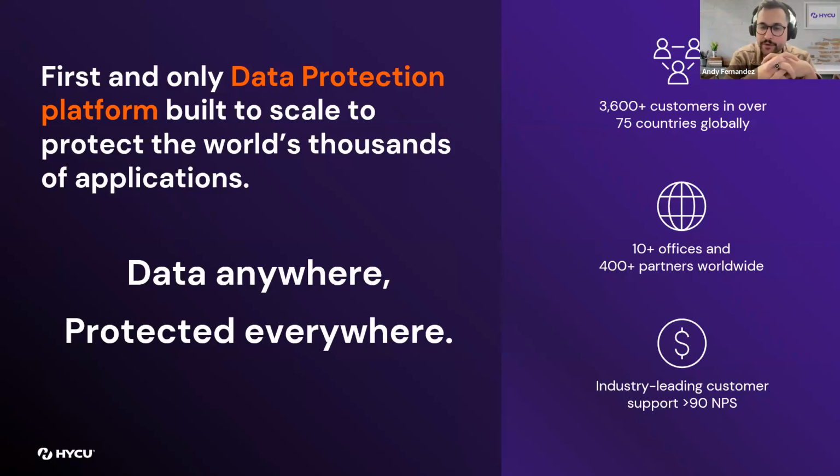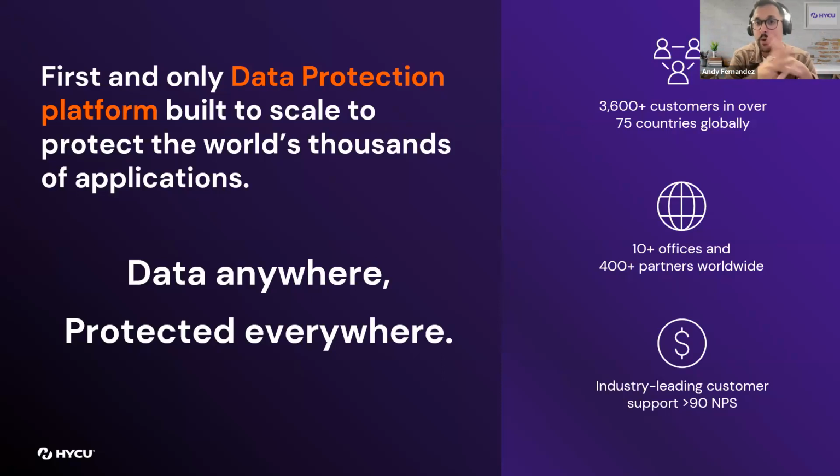It's completely siloed. So at Haiku, our goal and what we actually delivered is the first and only data protection platform that could scale to those needs, not only your on-prem infrastructure and your cloud infrastructure, but also all of the services, the PaaS, the SaaS, the DBaaS that exists out there. The focus for us is not just one workload, it's all of them. It's protecting your data anywhere so that it's protected everywhere.